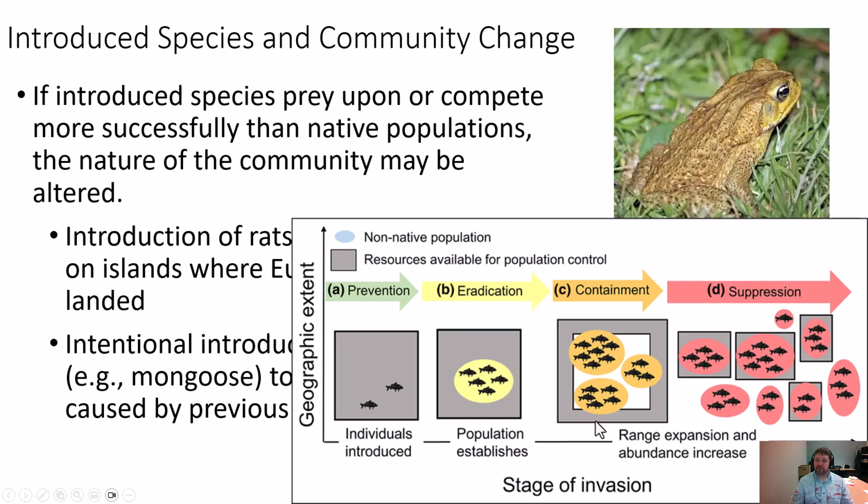And then often we would consider suppression, which is kind of, you've lost and now you're just trying to keep community change at as minimal a level as possible. So suppression would be when the population of non-natives is out of control in many regions. We're just trying to pick and choose regions that we can throw resources at and suppress it.